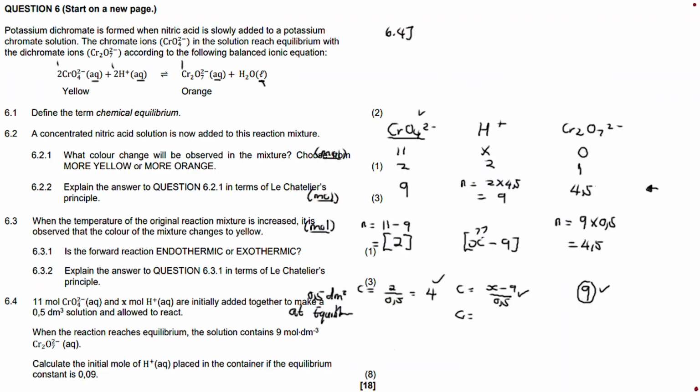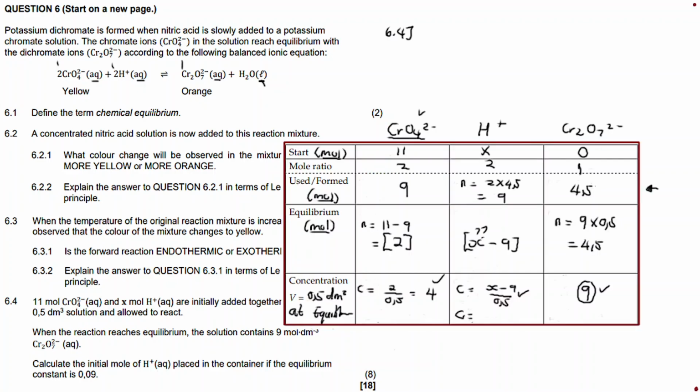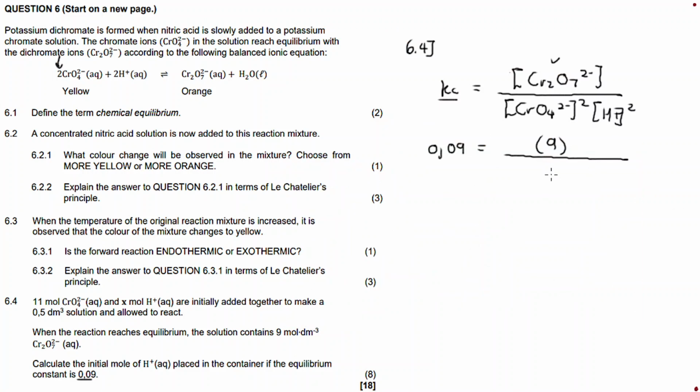Let me go back. Oh, hydrogen, so it's 4. It's going to be 4, I think. So CrO4 will be 4 squared. Do you see the issue I have? x minus 9 over 0.5. This is the issue.